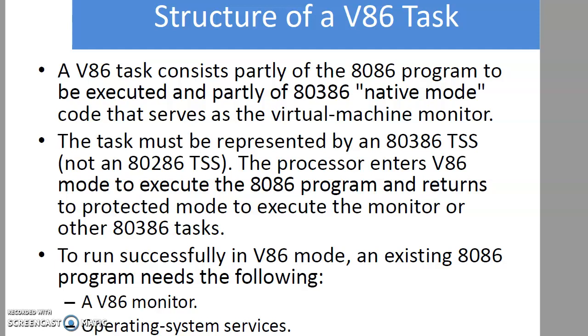As you all know, virtual 86 mode uses the multitasking feature of the 80386 DX. So every 8086 program will be executed as a virtual 86 task, and that task is made up of the 8086 program and a virtual machine monitor.